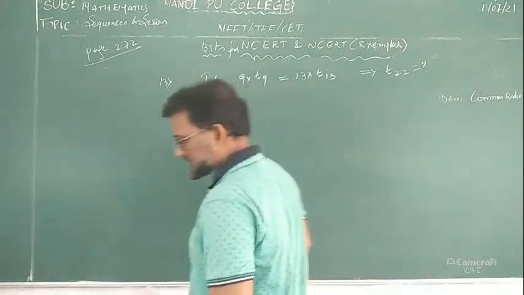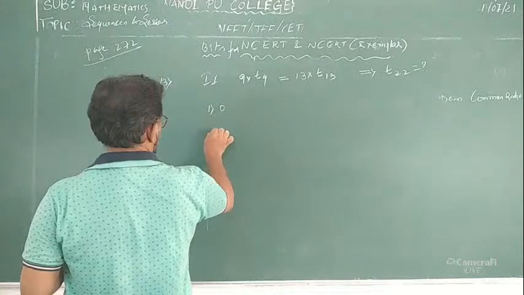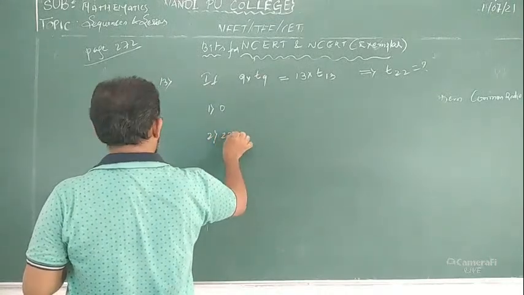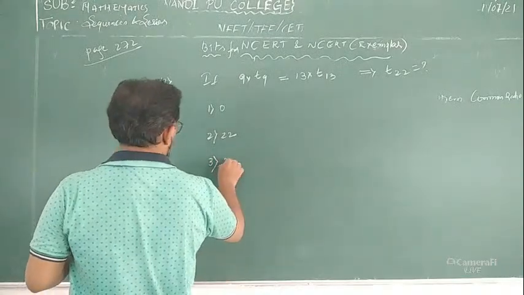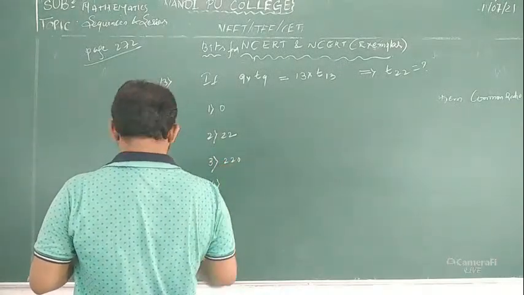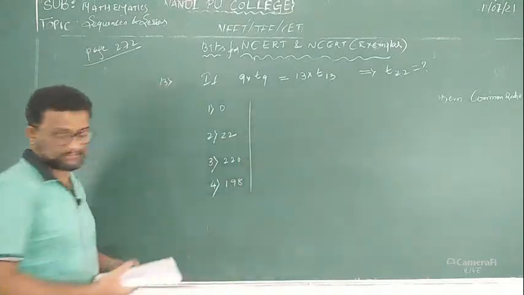This is the question. First option 0, second option 22, third option 220, fourth option 198.